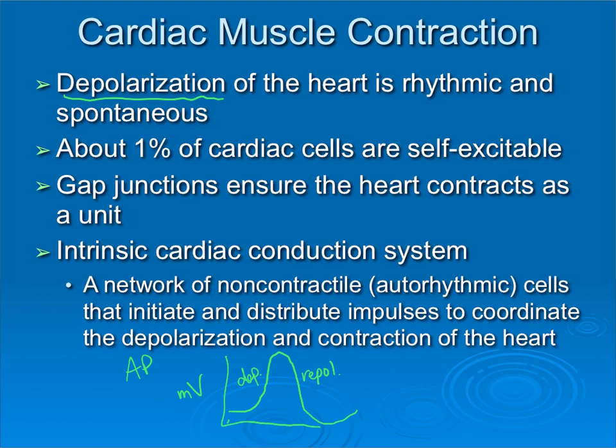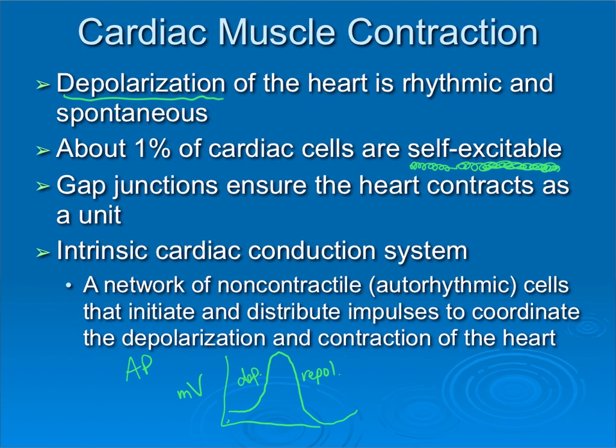They're what we call nodal cells, and they have the ability to induce their own action potential. So they're self-excitable. The other cells will just pass the current onto all the cardiac muscle cells that are around that cell. So gap junctions ensure that the contraction from these self-excitable cells spreads through the rest of the cardiac muscle cells.